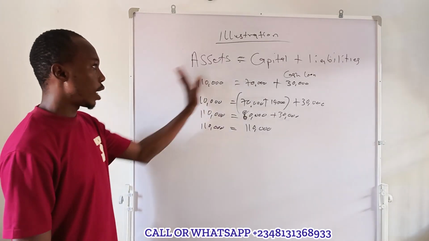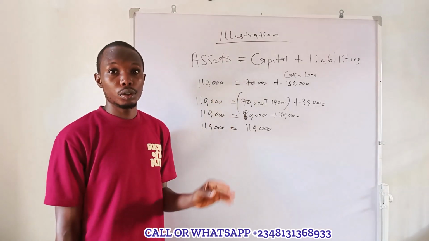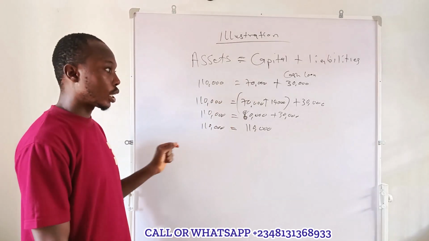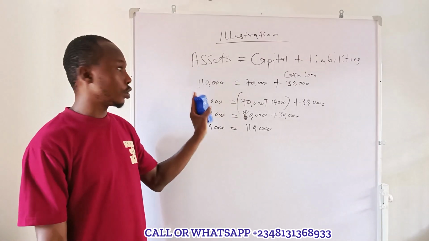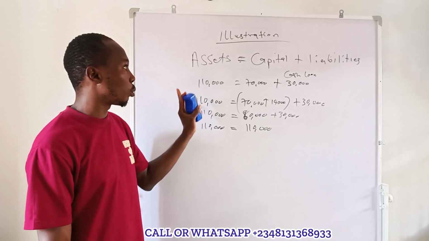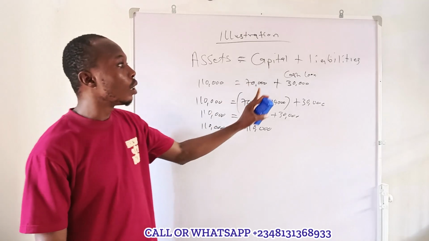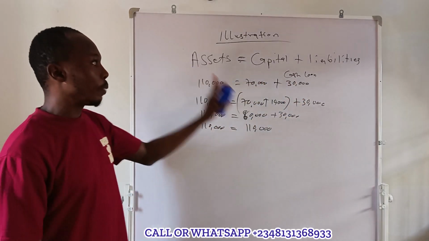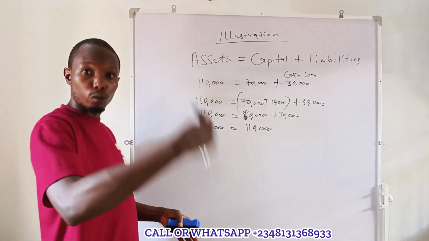Okay, so that is our illustration, a little illustration about how we can explain why the asset is not balancing with the capital and liability, or with the capital or the liability, either through understatement or overstatement.